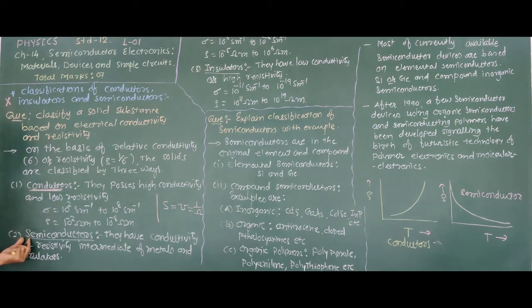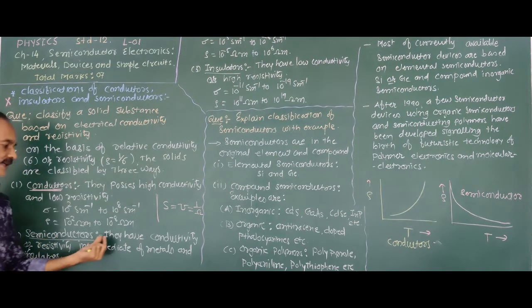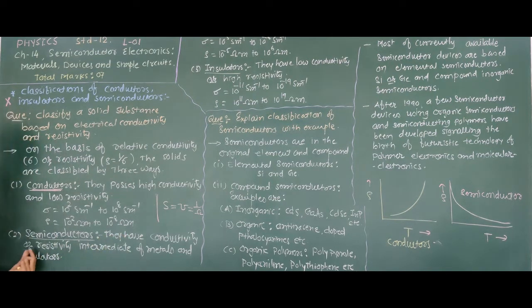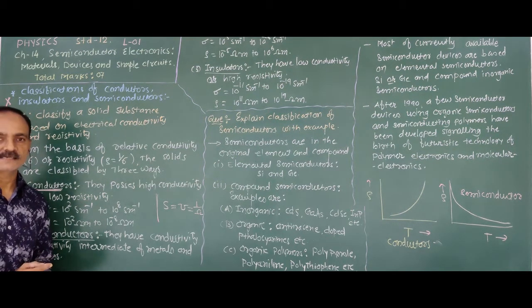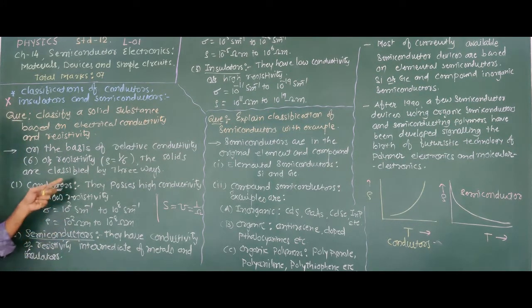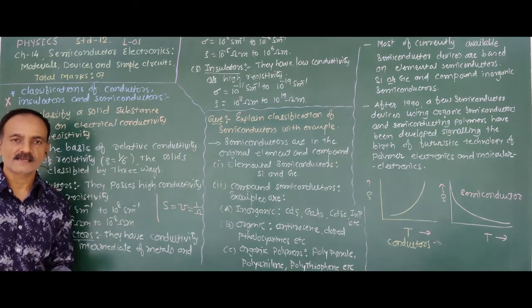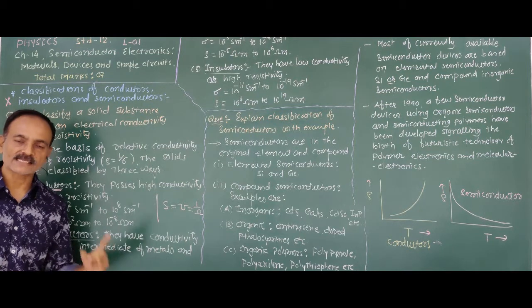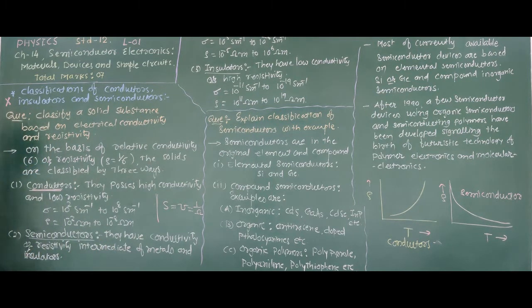Now next, there is the semiconductor. A semiconductor is a material or solid that has conductivity or resistivity intermediate between conductors and insulators. Most metals are good conductors of heat and electricity, and for that reason we can also say metal instead of conductor.